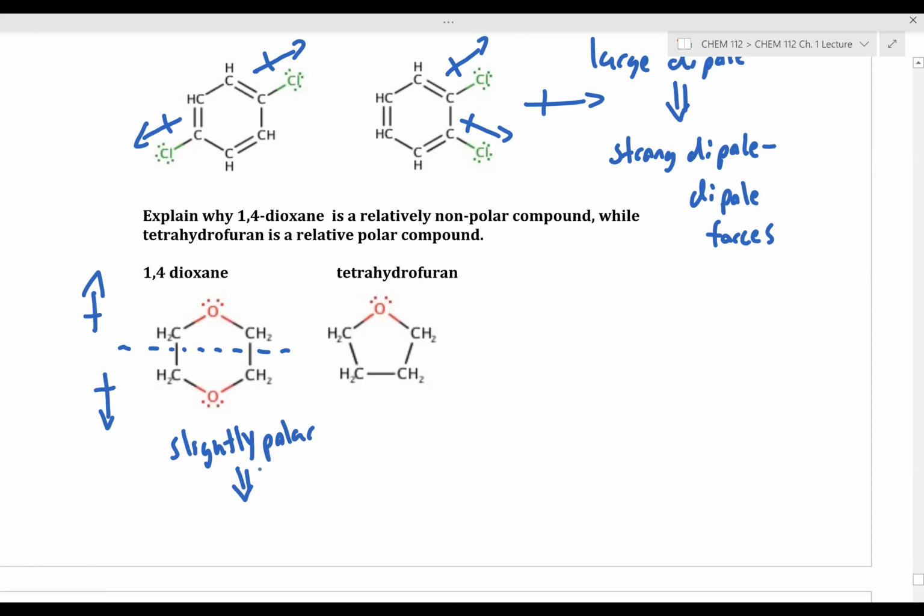And as a result, it has a relatively low boiling point when compared to tetrahydrofuran. Why is THF more polar? If we look at our carbon-oxygen bond dipole arrangement, there's only one major dipole pointing towards the top half of our molecule.